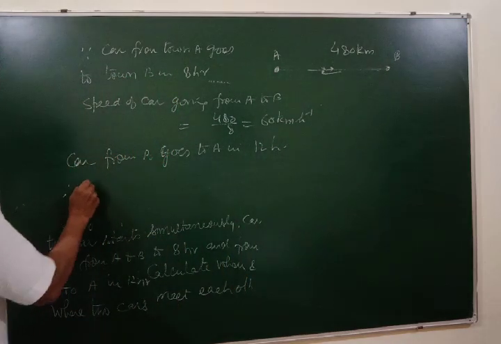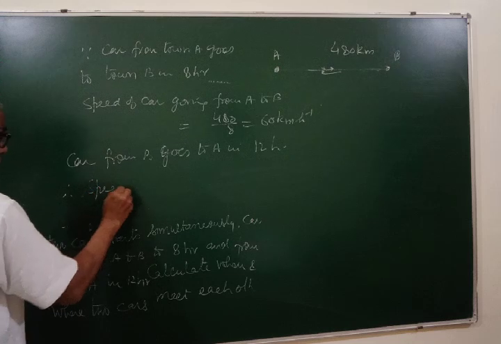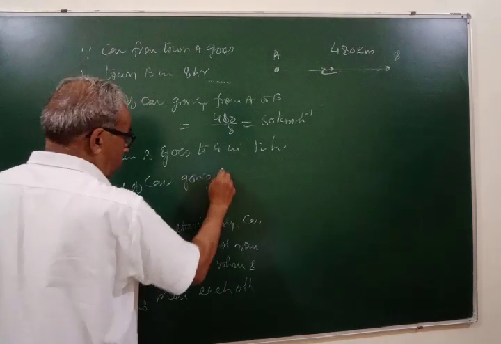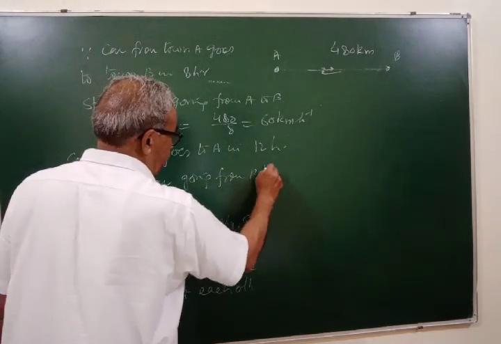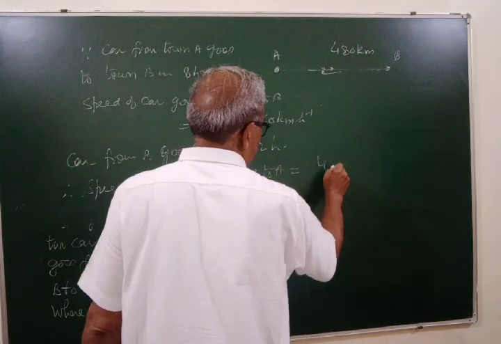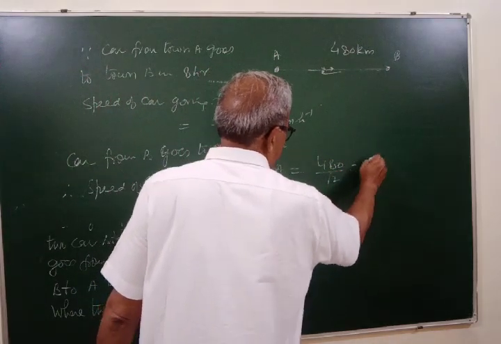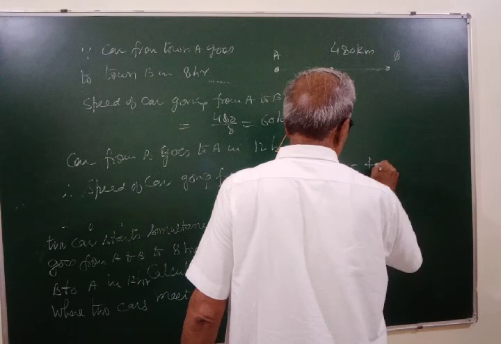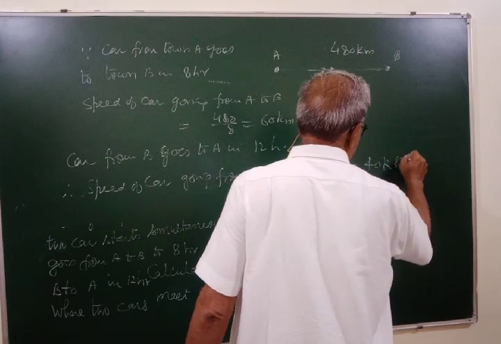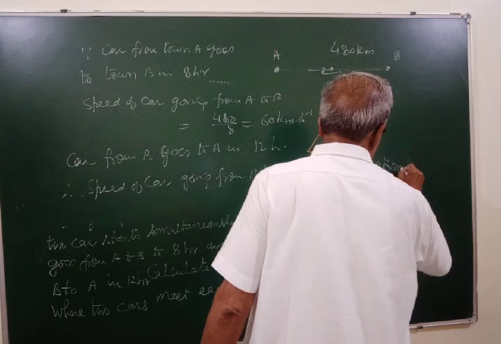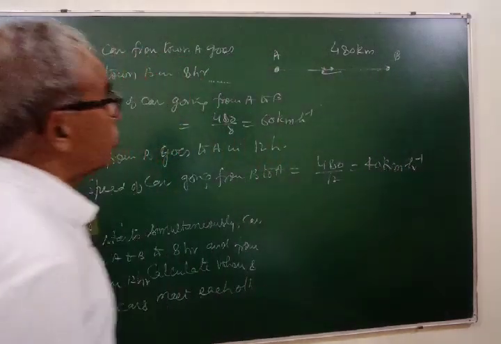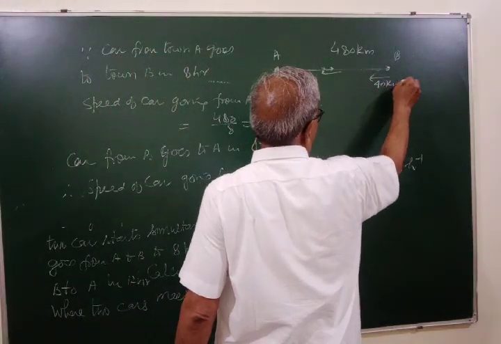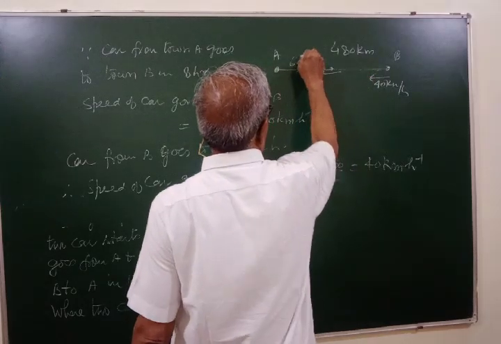So the speed of the car going from B to A is 480 upon 12, 60 kilometer, sorry, 40 kilometer per hour. So now it is clear. The car starting here goes at 40 kilometer per hour and the one here at 60 kilometer per hour.